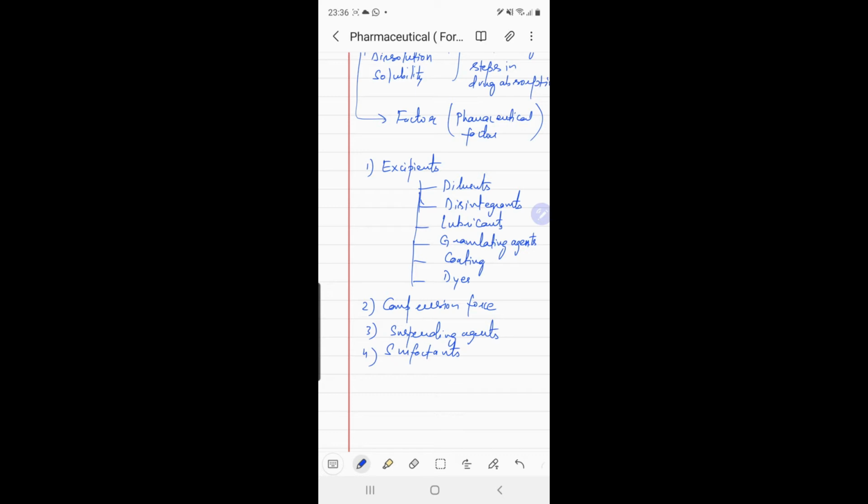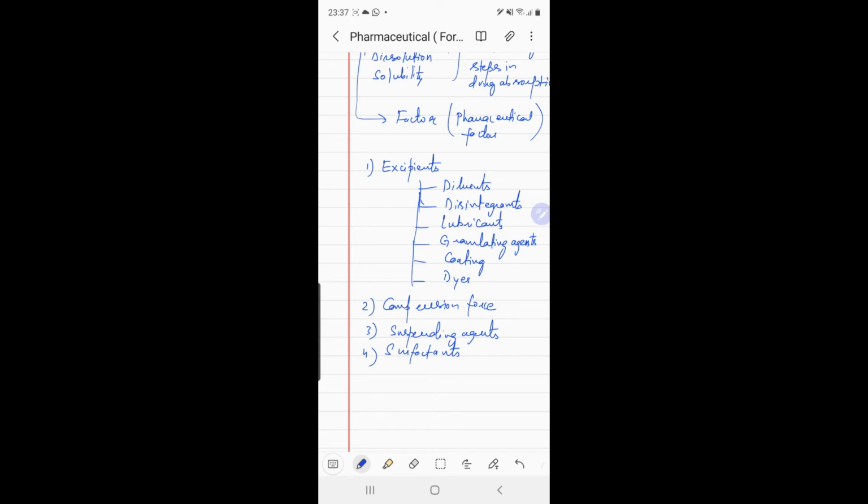Excipients are mostly considered non-therapeutic. They are not having an effect of their own, and are considered to increase the bulk of the drug product so that it can be easily administered, easily held, or converted to a dosage form, so the patient can take it very easily.